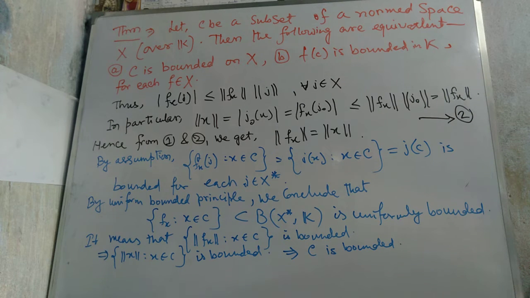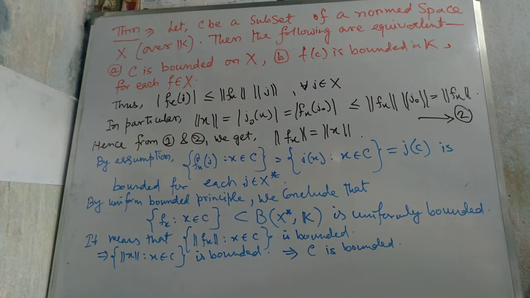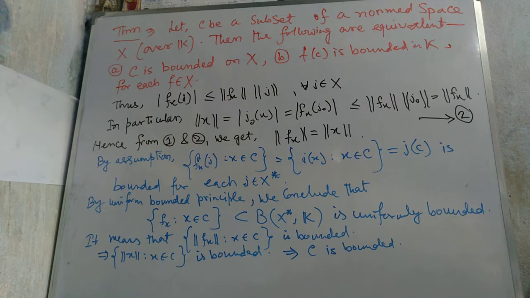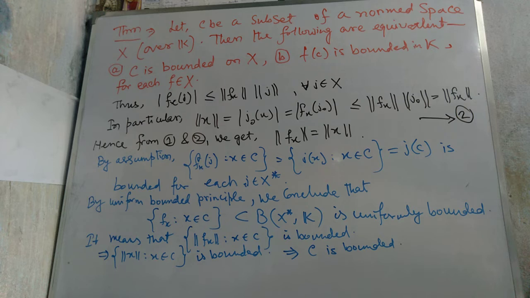Okay, then what happened? Let C be a subset of a normed space X, then the following are equivalent. C is bounded on X, and this implies F(C) is bounded in K. And obviously F(C) is bounded in K implies C is bounded.